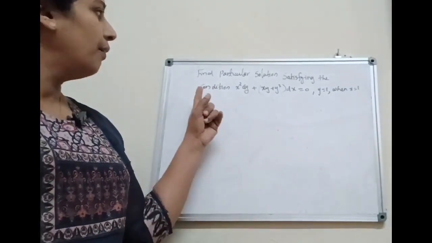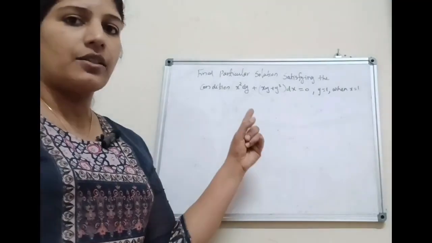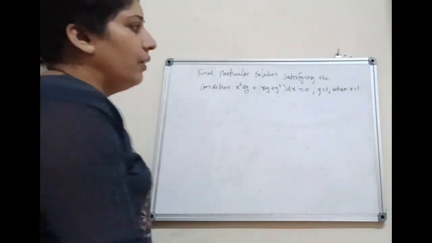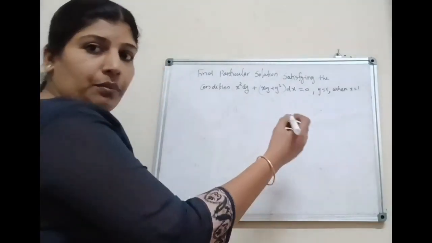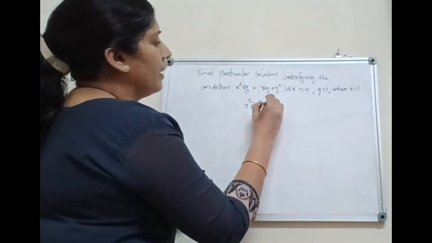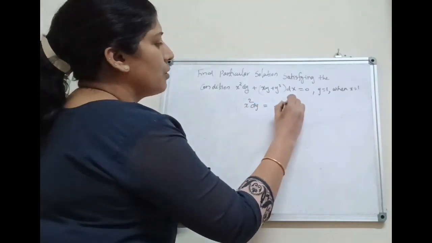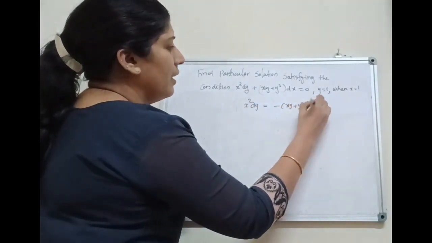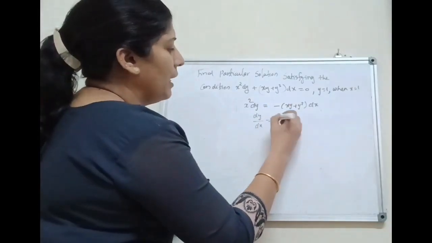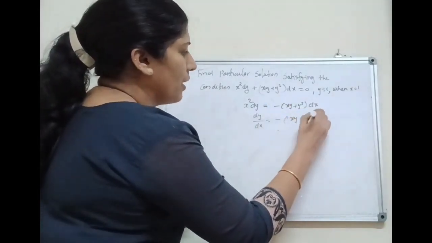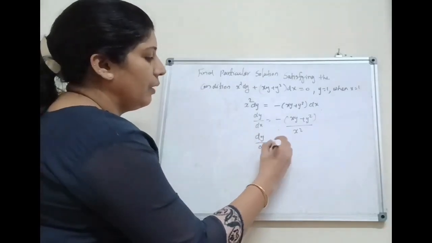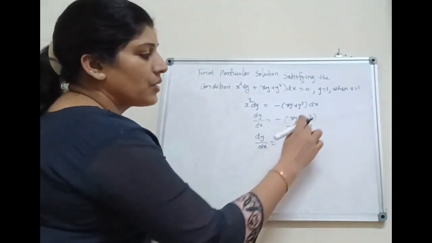Next question. Find the particular solution satisfying the condition (x square) dy plus (xy plus y square) dx equal to 0, when x equal to 1, y value will be 1. Now here given x square dy equal to minus of (xy plus y square) dx. Therefore, dy by dx equal to minus of (xy plus y square) divided by x square.